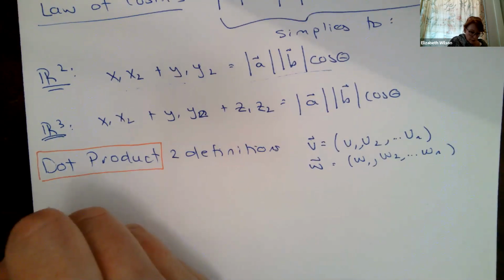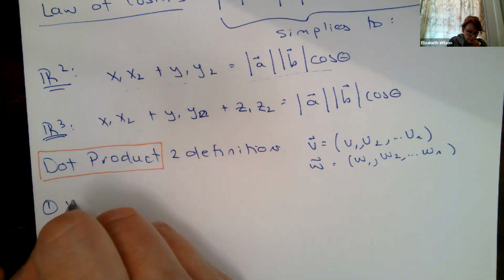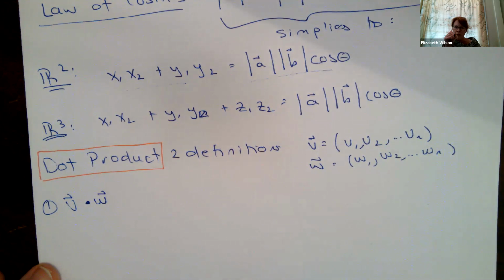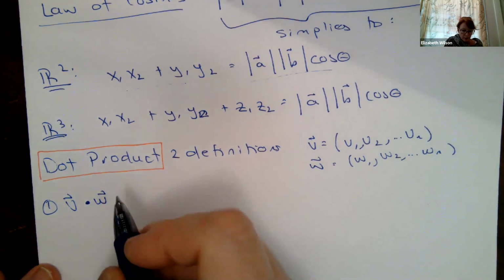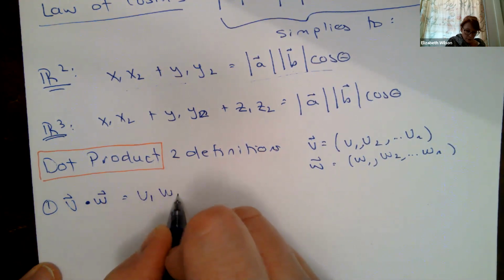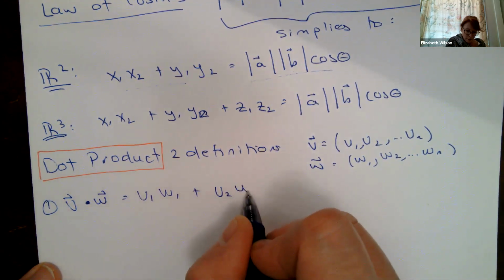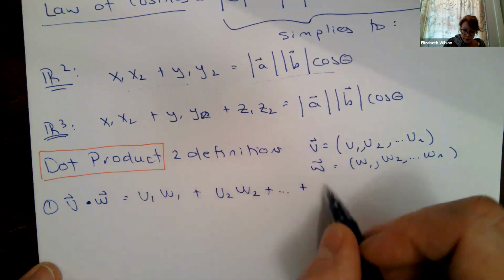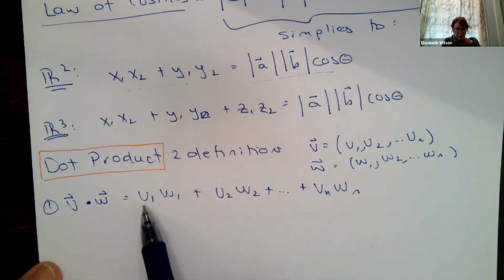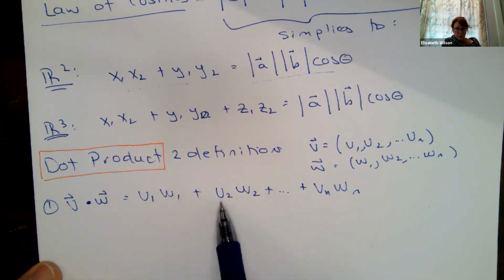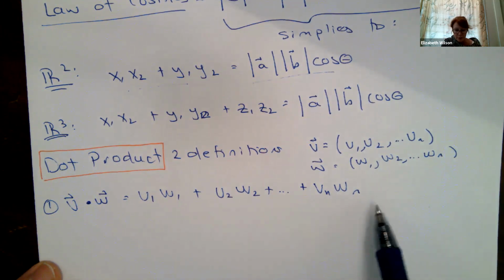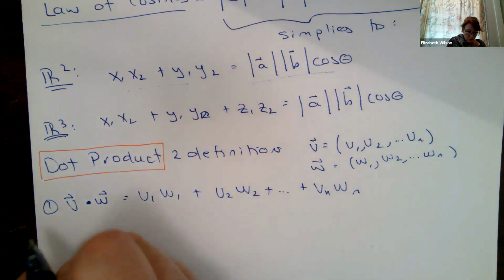So my first definition says v dot w, so my dot product has this over-exaggerated multiply, it's a dot, and that's going to equal v1 w1 plus v2 w2 plus, and I'm going to keep going until I'm done with vn wn. I multiply the first components together, added to the second components multiplied together, added to the third components multiplied together, and I keep summing that all the way up until I'm done with all of my components.